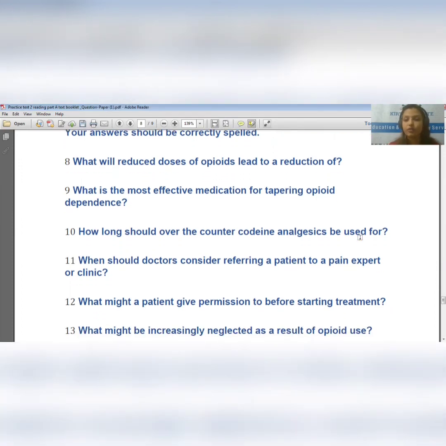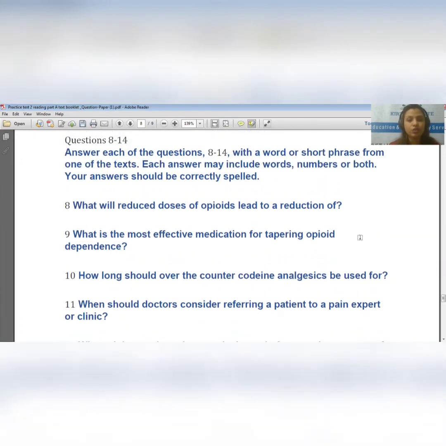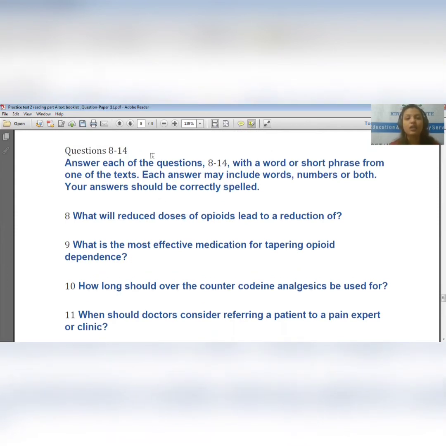Let us see how to approach questions 8 to 14. Let us read the instructions. Answer each of the questions 8 to 14 with a word or a short phrase from one of the texts. Each answer may include words, numbers, or both. You are not going to modify your answers in reading.